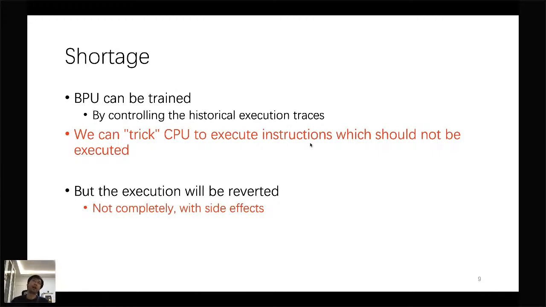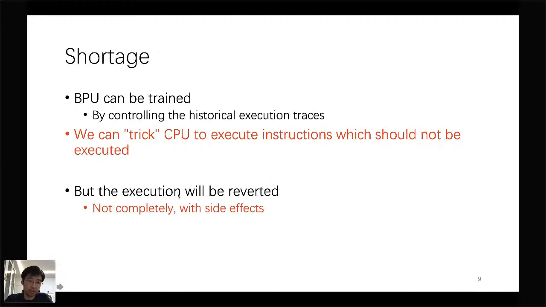But in our real-world development experience, nothing wrong happens outside the CPUs from our observation. This is because such instruction executions just happen inside the CPU, inside its microarchitecture, and cannot be observed outside the CPU. After the CPU finds that it made the wrong guess, it will try to revert all its executions.